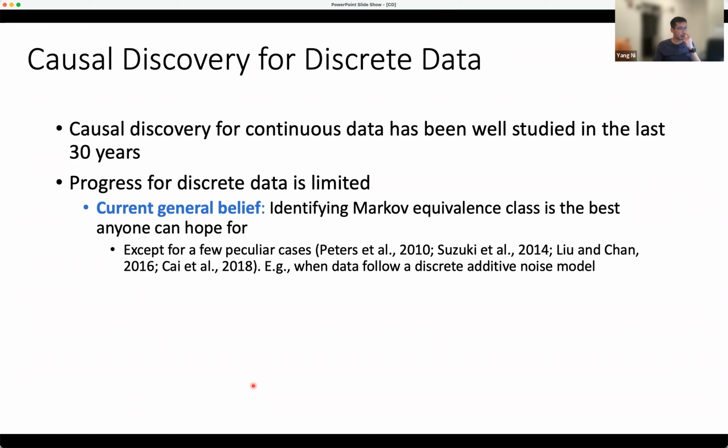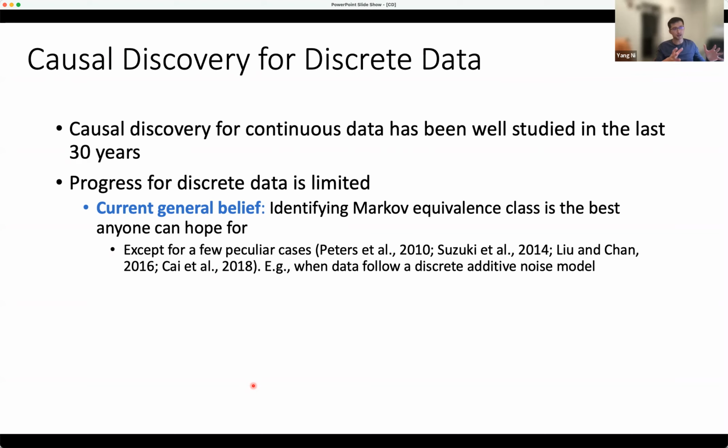Before we published our paper last year, the general belief at that time was that identifying those equivalent classes that I showed a couple of slides ago is the best anyone can hope for, except for a very few peculiar cases. For example, if you're willing to assume that the discrete data somehow follows the additive noise model, which is, at least in my opinion, hard to understand.